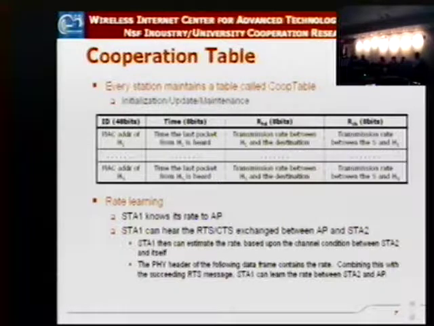Now, as regards hop 2, which is the hop from the helper to the access point, the data packet that is transmitted from the helper to the access point and is heard by the station has in its physical layer header the information about this rate. So reading this information, the station learns the second hop rate.